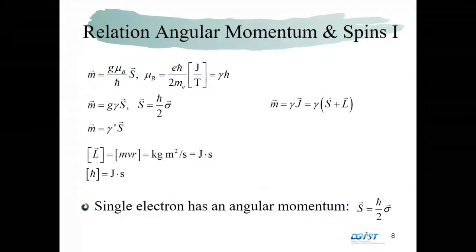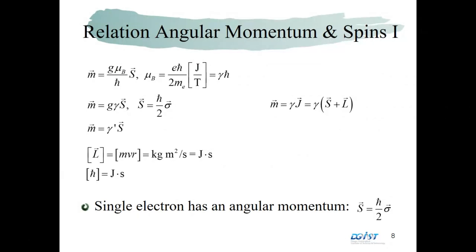Okay, so let's think about the angular momentum again. We already know the spin angular momentum is related to the magnetization here. There is some proportional constant. This involves the g factor, the Bohr magneton and h bar. And we already know the Bohr magneton is something here.